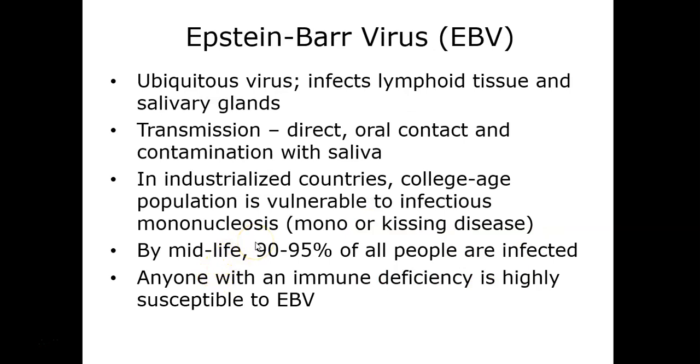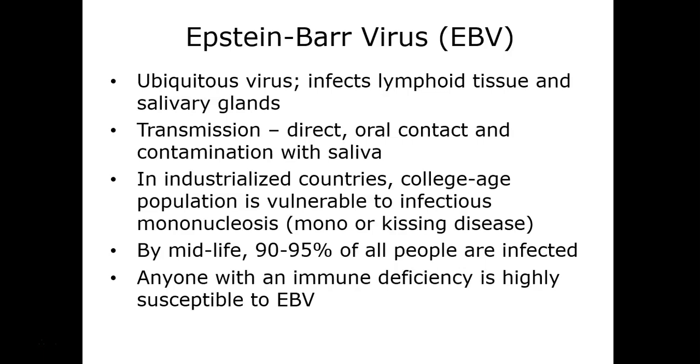All right, our next group of the herpes virus family, the Epstein-Barr virus. This particular virus impacts the lymph tissues and the salivary glands. And typically when we talk about Epstein-Barr virus, one of the glands that it multiplies in is known as the parotid gland.